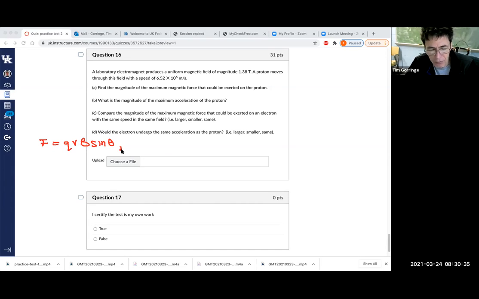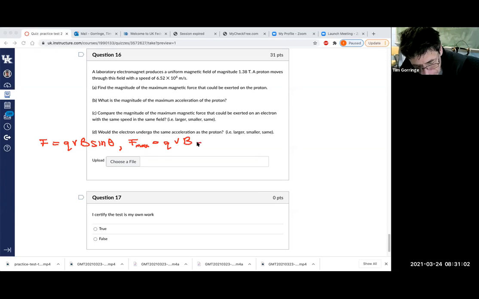The maximum force occurs when the motion is perpendicular, right angles, 90 degrees to the magnetic field. So that's when the angle is 90 degrees, sine of 90 degrees is 1. And that's what we're going to consider here. So the maximum force is just the size of the charge times the speed times the magnetic field.